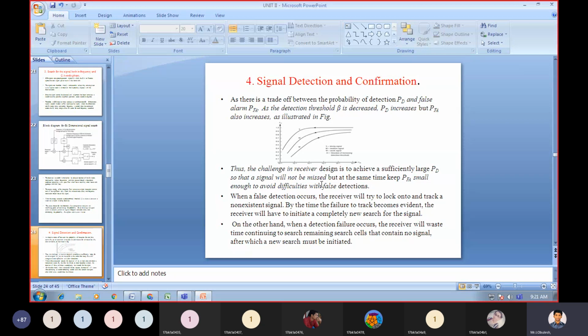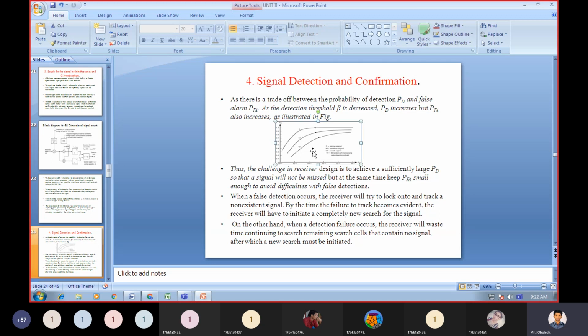If the detection threshold value beta is decreased, what will happen? PD and PFA both increase, based on this illustrated figure.